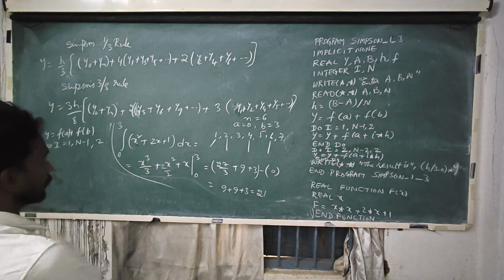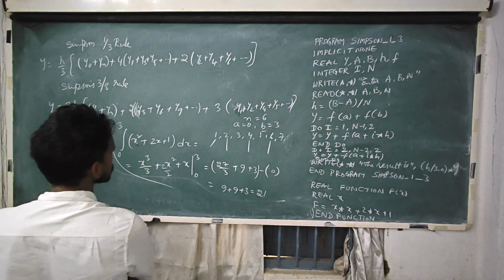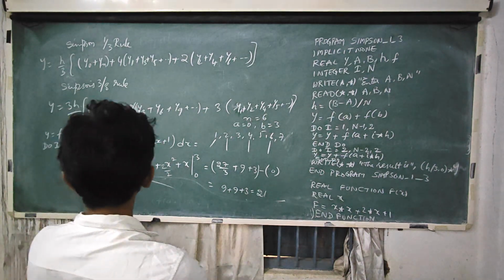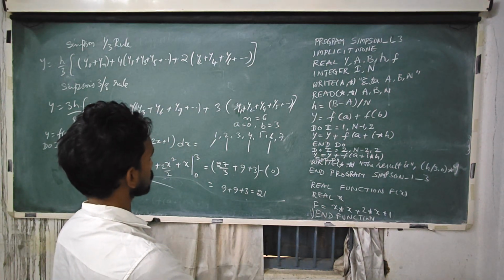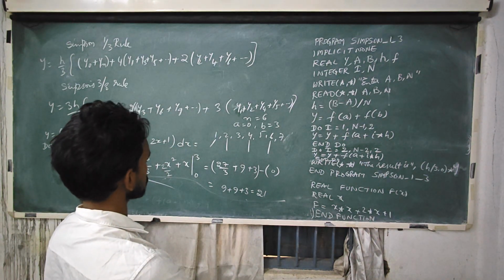That gives you all odd terms. That will not work, right? We have to exclude the terms with multiples of 3.